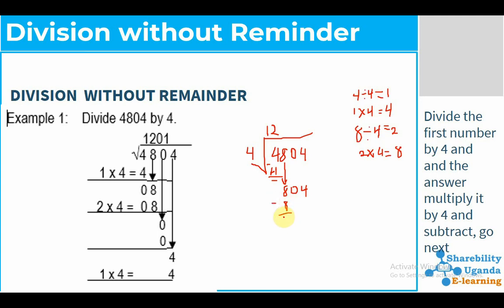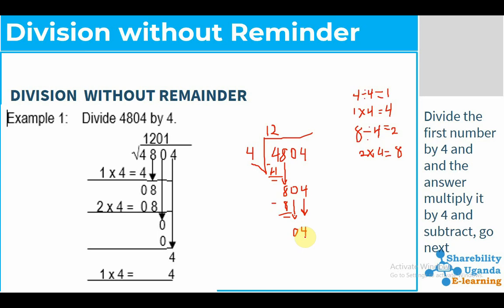Here we shall get a 0. I'm writing it as a note because this number has also been eliminated. Then we are remaining with this 0 and this 4, so we are remaining with a 0 and a 4.